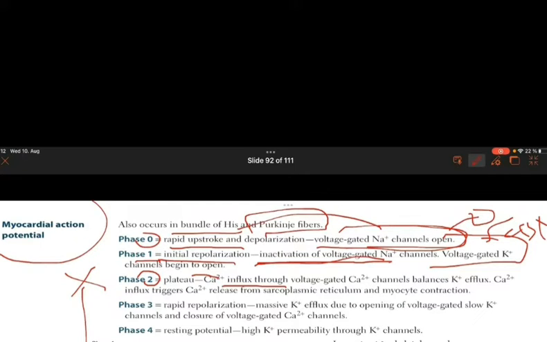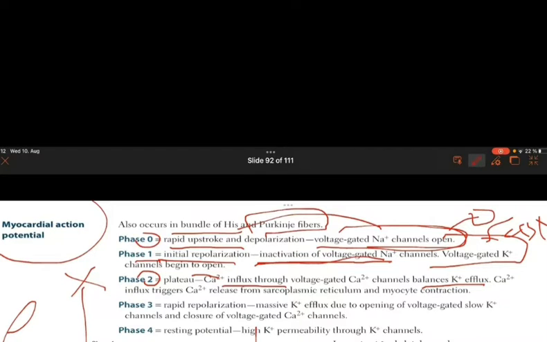So that's why you will have calcium entering the cell, and the voltage-gated calcium channels will open and balance the potassium efflux, E from efflux, going out of the cell. So now you have calcium going intracellularly, and if the amount of calcium increases in the cell, this will lead to contraction. The more calcium you have in the cell, the more contraction you have.